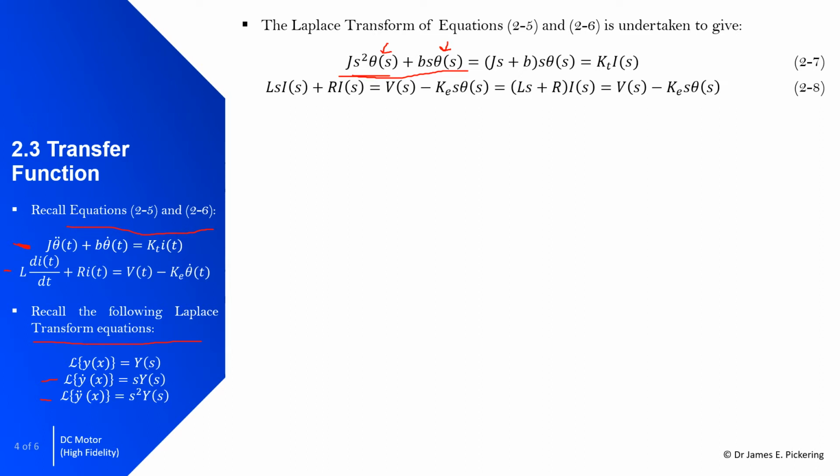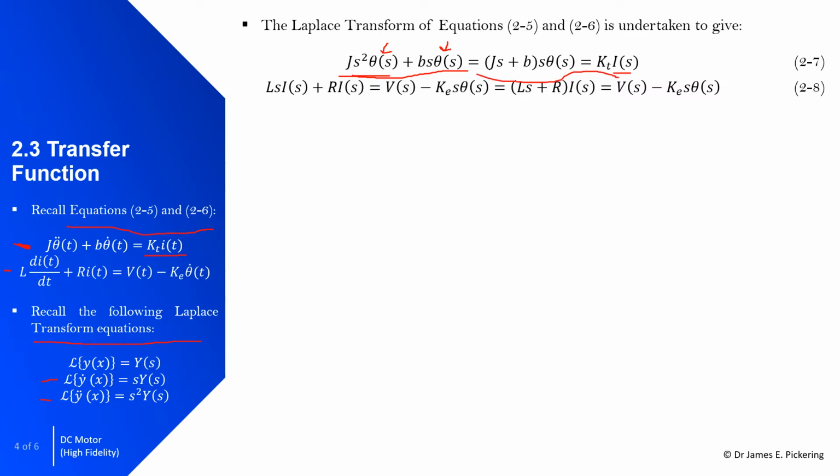And then that is equal to this final part here, k subscript t, and then lowercase i of t, where if you remember the Laplace transformation of y of t, in this case where y is i, just becomes Y of s, but in our case it's going to become I of s, as you can see here. So that's the equation that we're going to use.